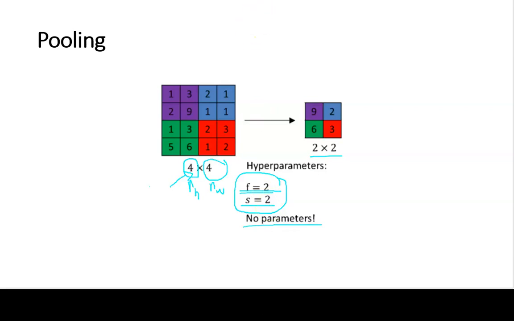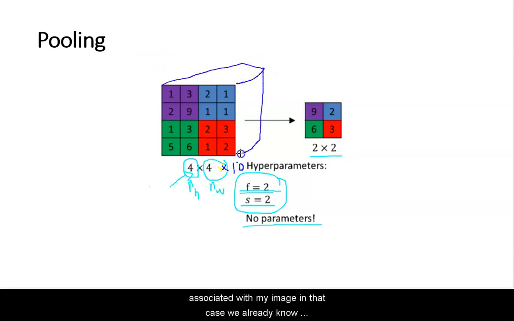Now, of course, if we have a channel, so that means if I have an input image which has, say, a channel or depth of 10, in that case, we know that the resultant will have the same channel or depth as that of the input image.